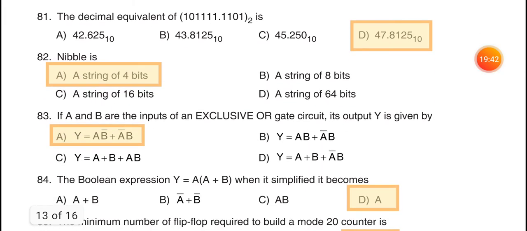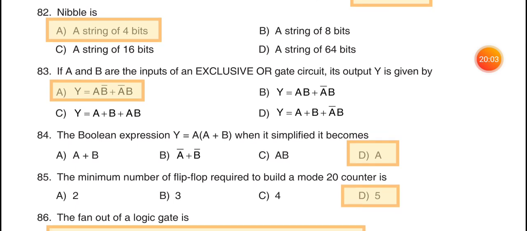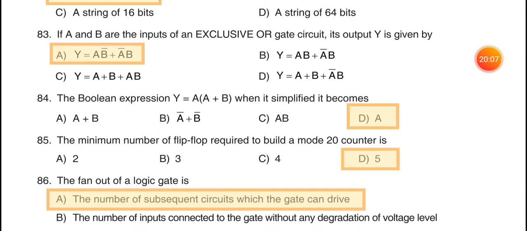81. The decimal equivalent of 101111.1101 of base 2 is option D, 47.8125 of base 10. 82. One nibble is option A, a string of 4 bits. 83.